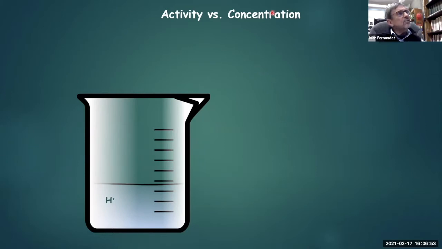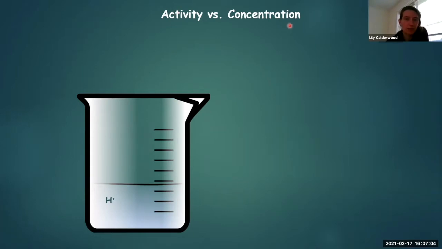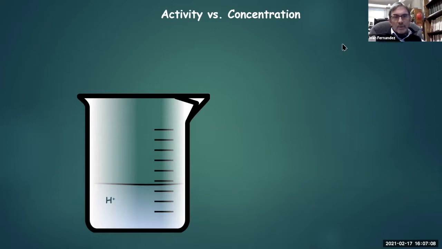Can you see this bar at the top? Can you see my whole slide? I can see activity versus concentration, and that's the top of the slide. Okay, because I had my control bar popped up over there, blocking it. I can move it over here. There we go.